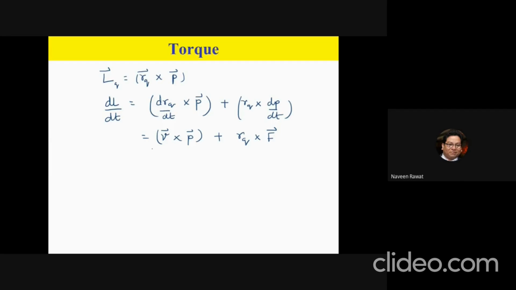So we know that dL by dt will be equal to this term. However, we know that v and p are pointing in the same direction, so the cross product for them has to be 0. That means we end up with just the term where dL by dt, the change in the angular momentum, is given by this quantity, r cross F. And this quantity is what we define as torque.